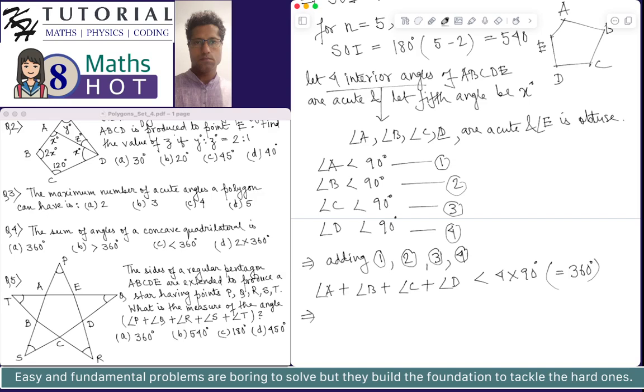But we also know that the sum of the interior angles has to be 540 degrees.